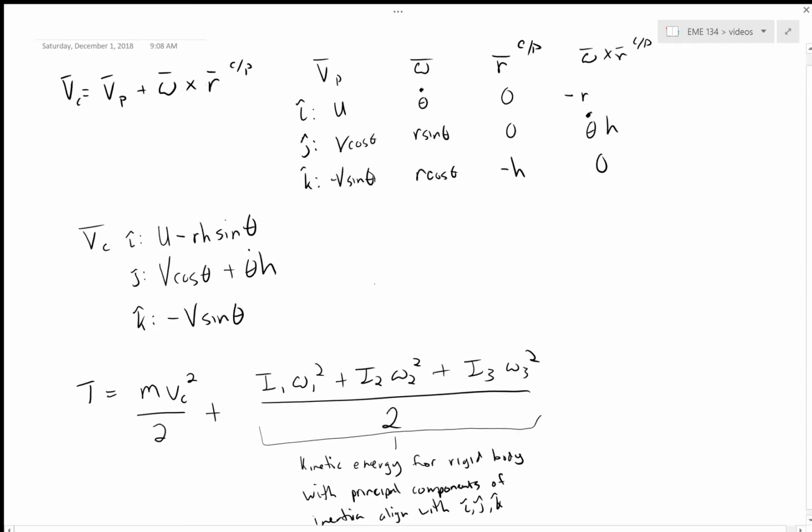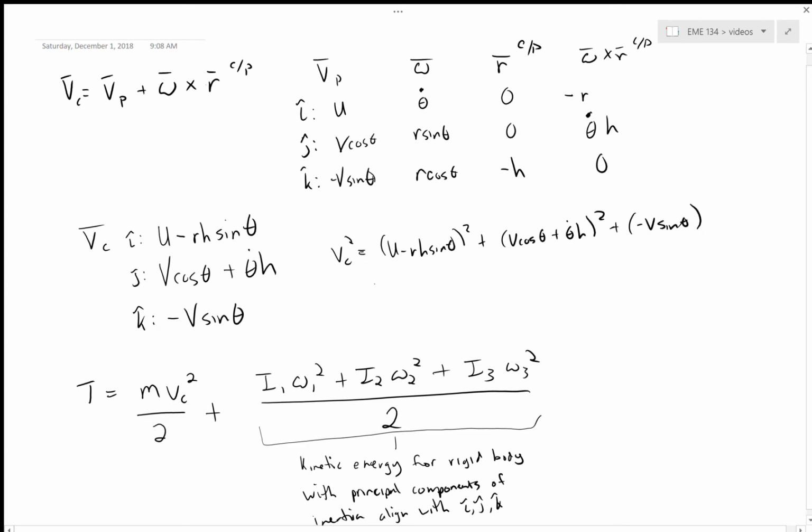Alright, so VC squared is U minus RH sine theta squared plus V cos theta plus theta dot H squared plus negative V sine theta.